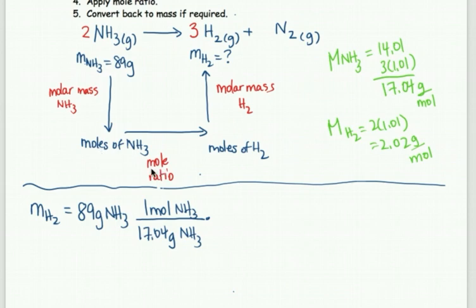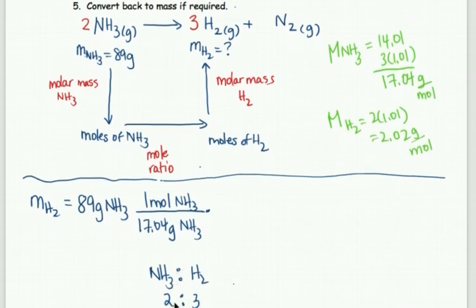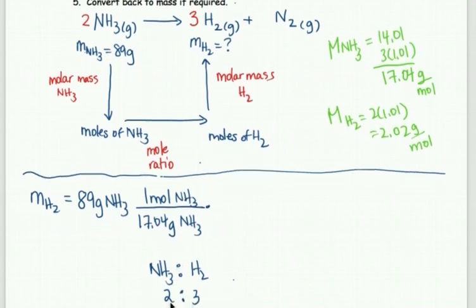Now we want to use the mole ratio, and this is what we did the other day. We were analyzing ammonia to hydrogen as a 2-to-3 ratio, trying to figure out how many times greater that is.